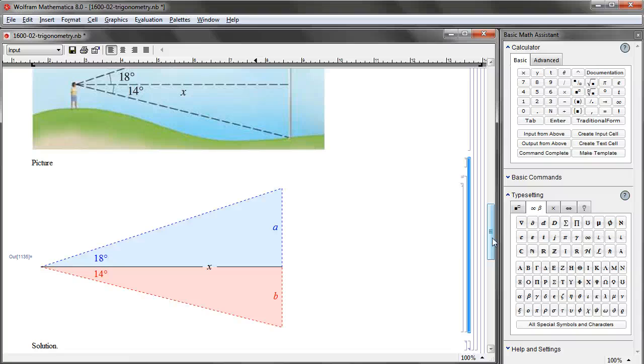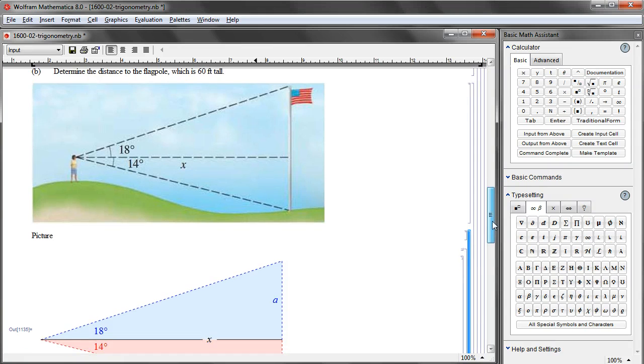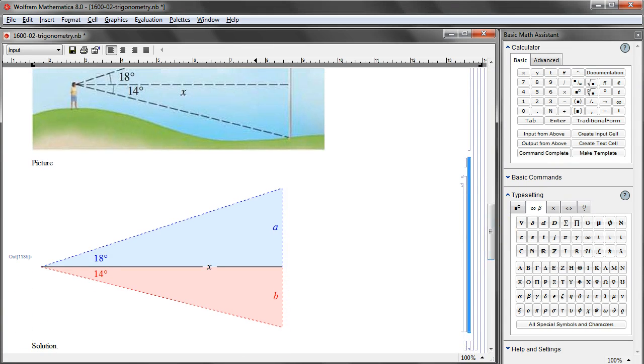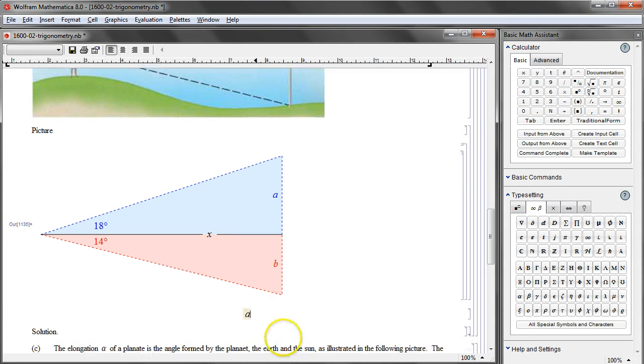And I made additional labeling, A and B, for the top portion of the flagpole and the bottom portion of the flagpole. I hope everybody can see that we have A plus B equal to 60 from this simplified picture and the new labeling. Does it help? It should.